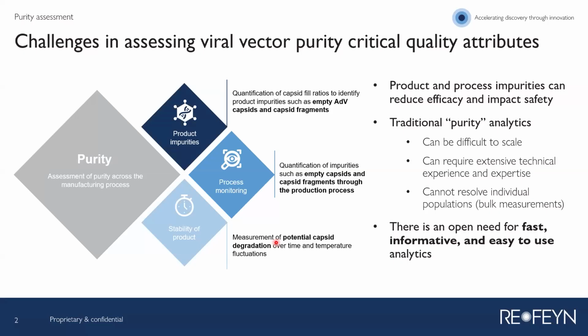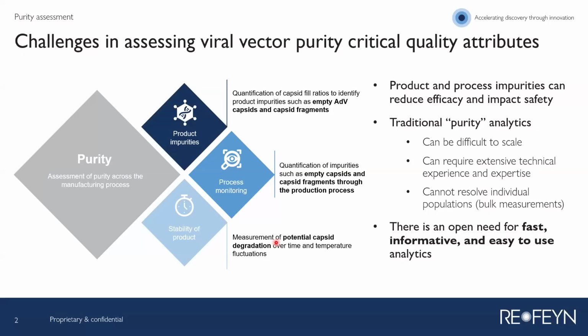Now, there are a number of analytical tools already available in the market for measurement of impurities, but they come with their own limitations. These include the expense required to run the assay, the high expertise required to run it, the scalability issue, and finally, because it's a bulk measurement, the resolution of individual populations. There is a need in the market for a reliable, informative, fast, and easy tool, and KaritroMP checks it all.